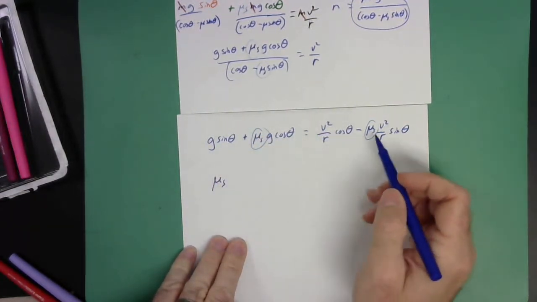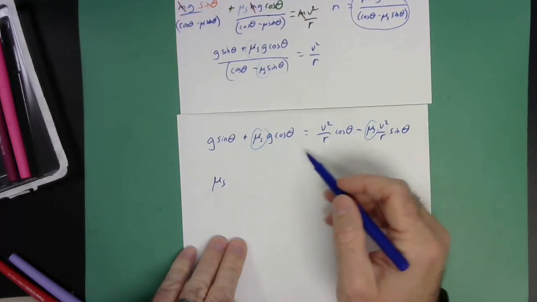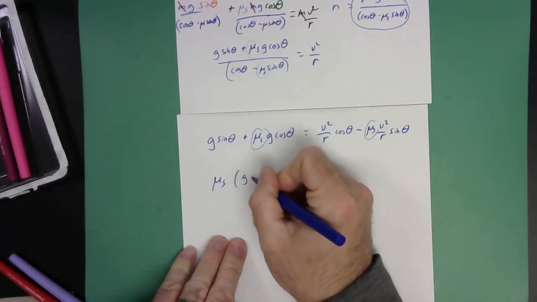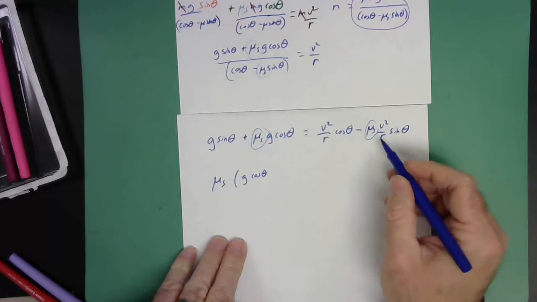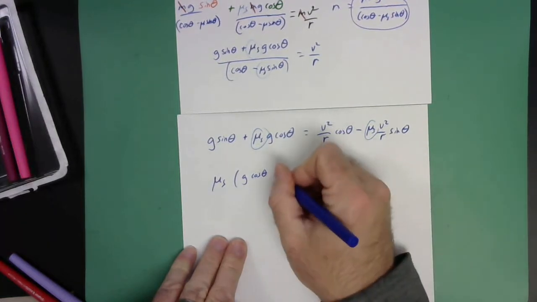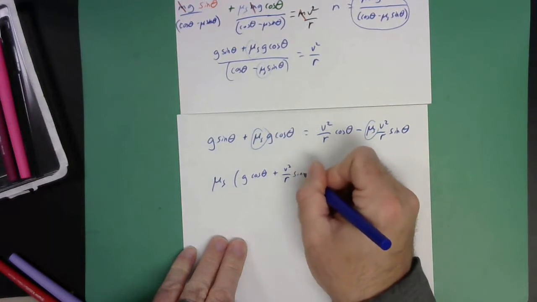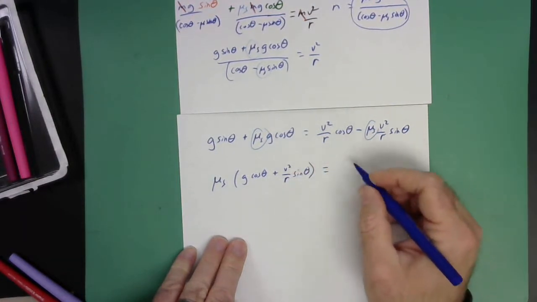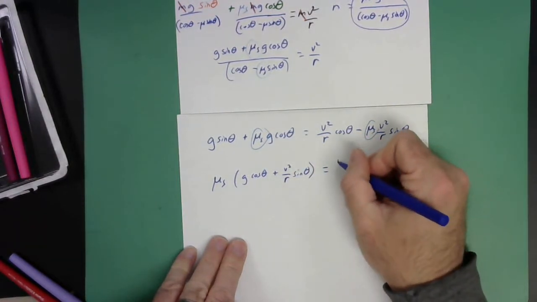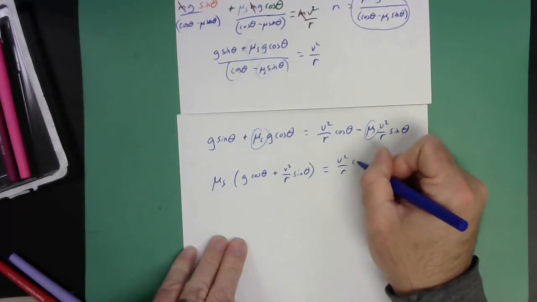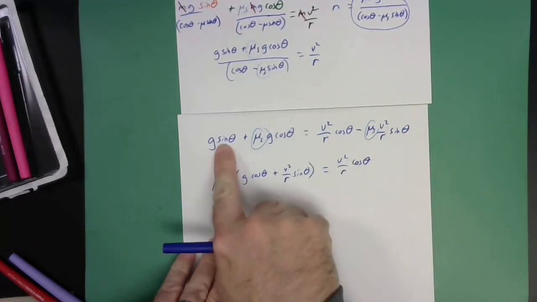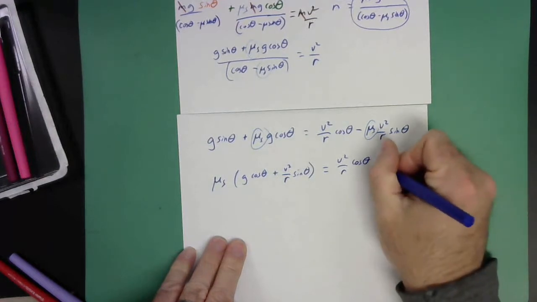And then I'm going to factor out what's multiplying. When I move this over it becomes positive, so I'll have mu s times g cosine theta plus v squared over r sine theta. Over here, I've got v squared over r cosine theta, and then I move g sine theta to the other side, so I subtract it.